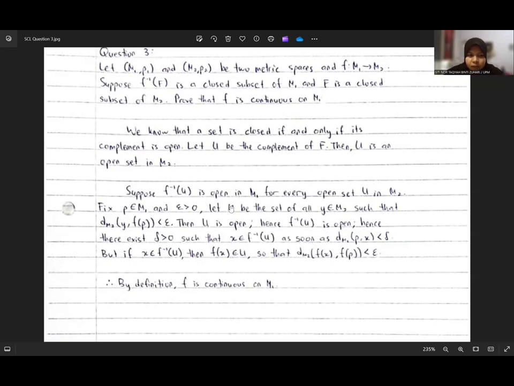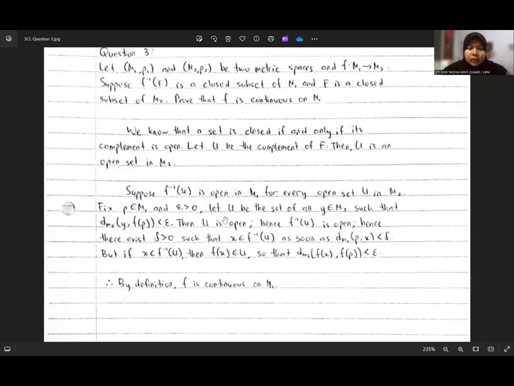So we fix p in M1 and epsilon greater than 0. Then define the set U to be the set of all y in M2 such that d_M2(y, f(p)) is smaller than epsilon. This set U is open in M2.